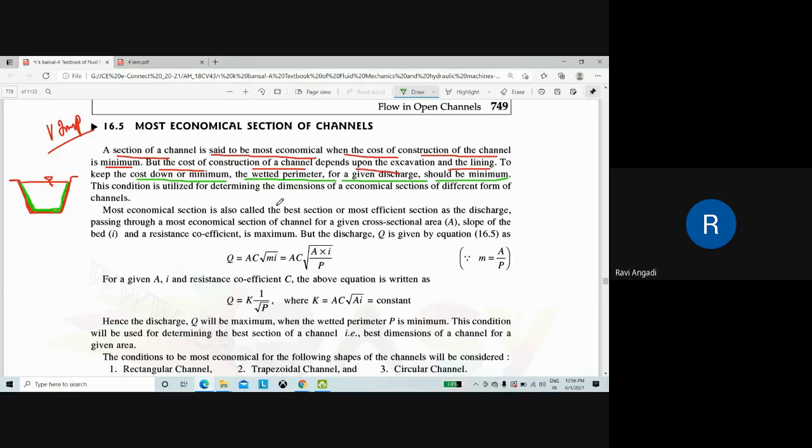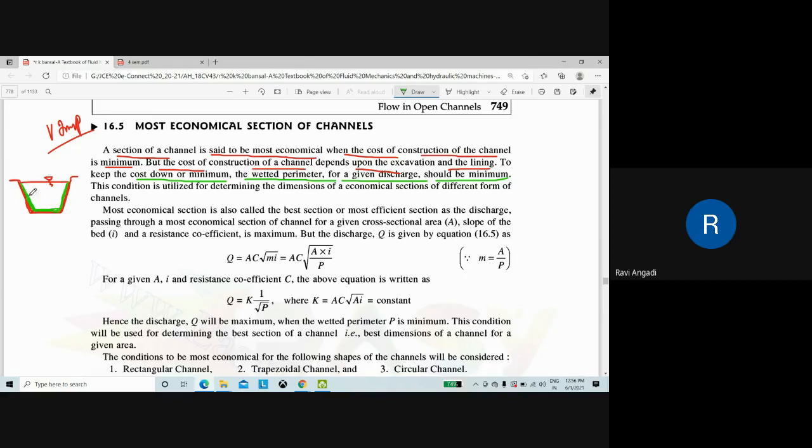Contact between water and what? Basin. Okay, so that is the wetted perimeter. This wetted perimeter should be minimum to get the economical section.